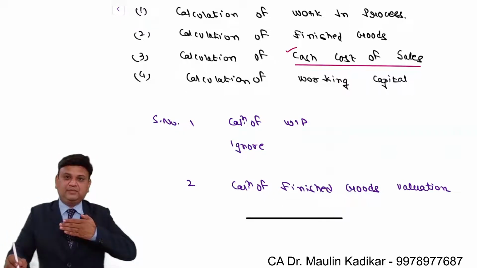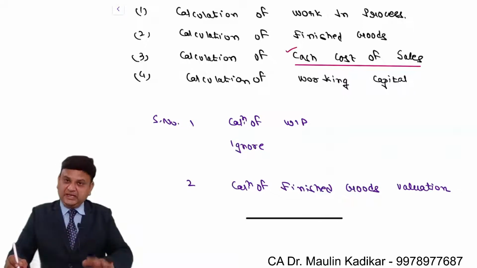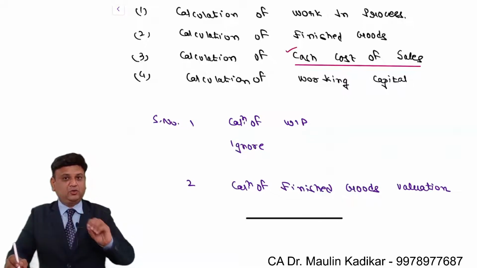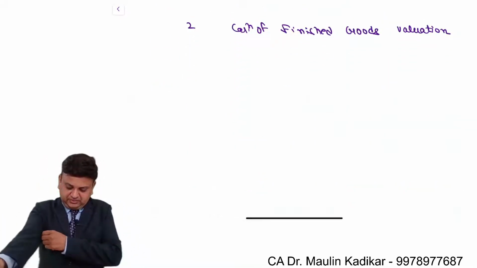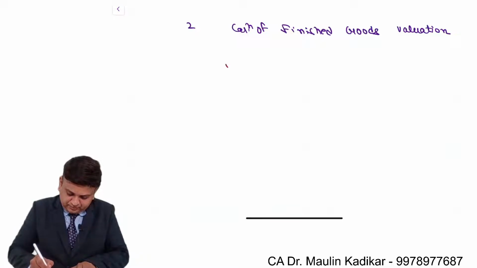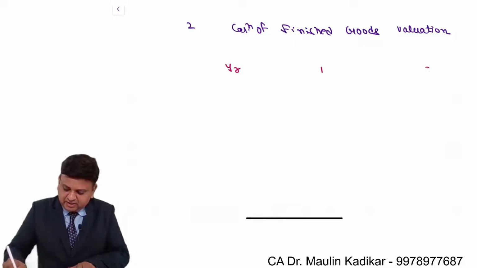First of all, I am writing the answer for you, and then we will write a note for the same. Calculation of the finished goods valuation. It is year 1 and year 2.